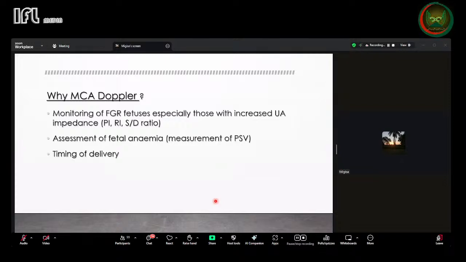So that's how you monitor the fetal growth restricted fetuses. Then also we do it to assess for fetal anemia. Like I've explained above, you're going to have increased cardiac output. So you're going to have your systole rising higher. Then also it is done to help in timing of delivery, basically depending on how compromised the fetus is.